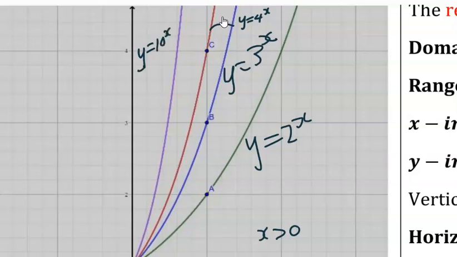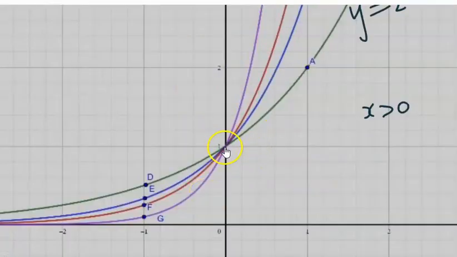That's on the right hand side. So the larger the a is, the higher the graph goes on the right hand side. At x equal to 0, they all go through the point (0, 1). And on the left hand side, the larger the a is, the smaller the value of the graph will be.